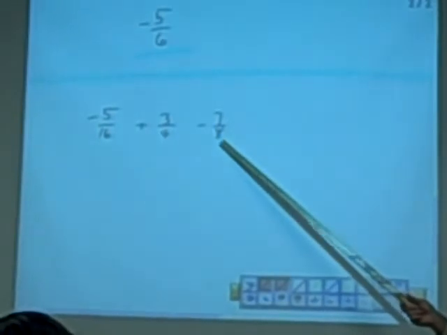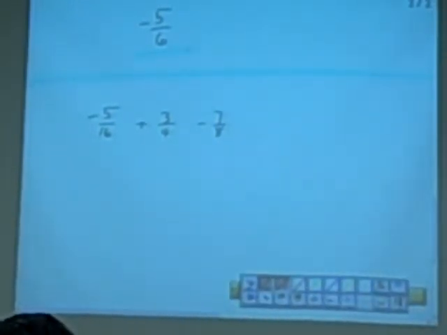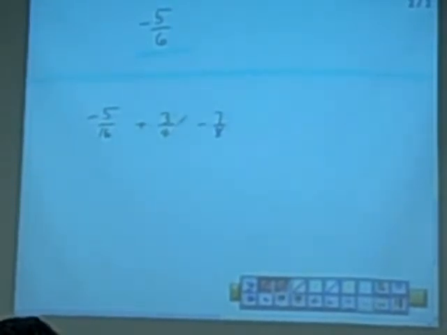Yeah. Can we multiply something times 8 to give us 16? Yeah. So our common denominator is going to be 16, right? So we can multiply what times 3/4? 4 over 4, right. And 7/8? 2 over 2, good.